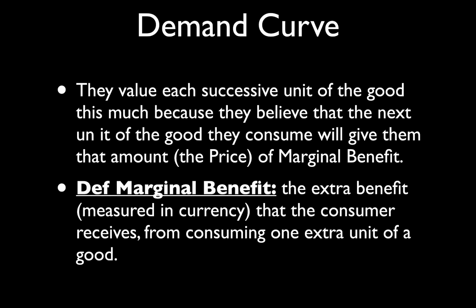The second person had a maximum willingness to pay of 40 euro because that person believed that they would get 40 euro worth of extra benefit from buying that t-shirt. And likewise with the 30. So the marginal benefit is the extra benefit, measured in currency, that the consumer receives from consuming 1 extra unit of a good.